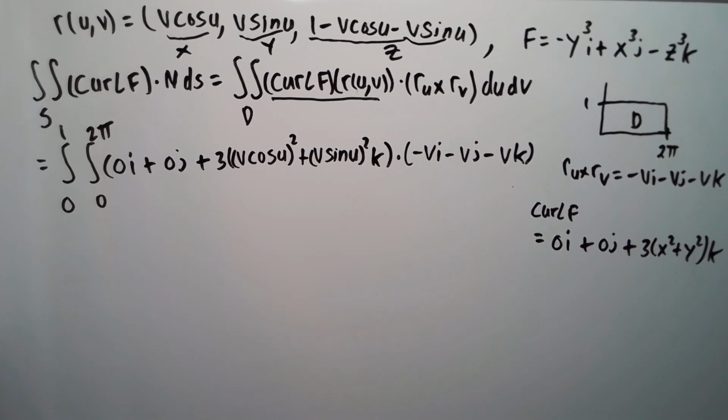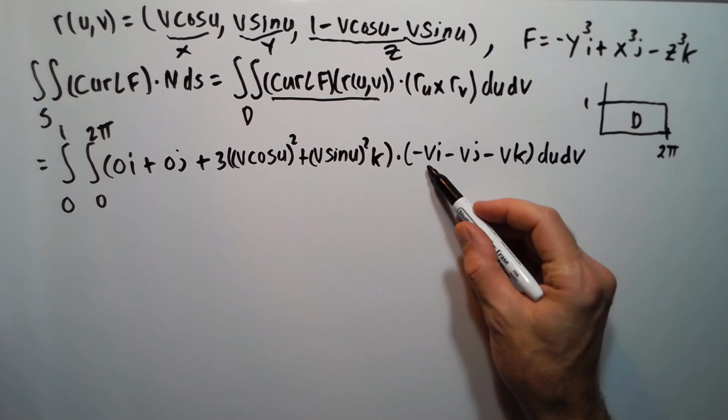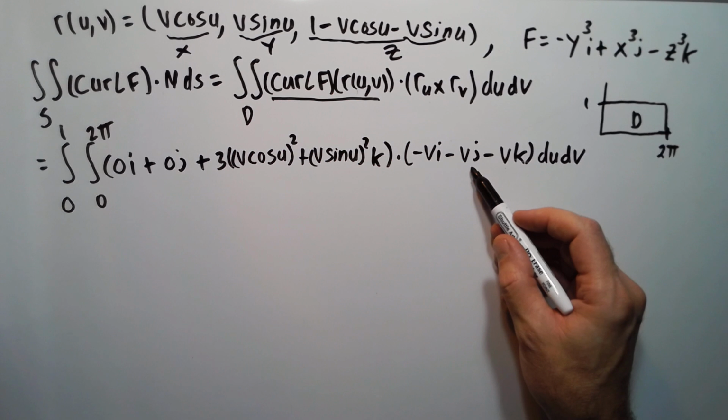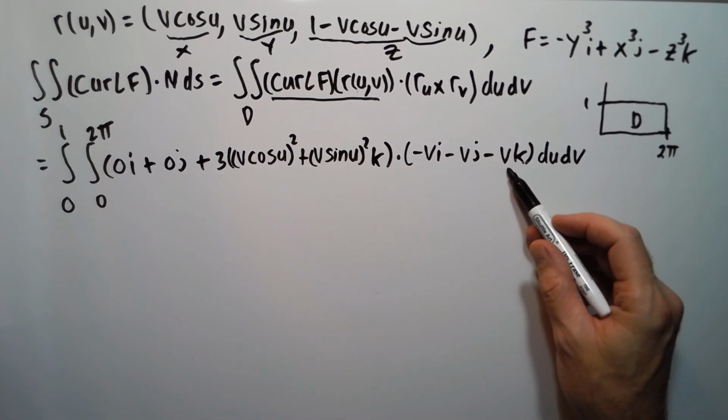Okay, so now let me erase my r_u cross r_v and my curl that are in my way. So let me just erase those for now. So look at this, I have my du dv at the end. So let's do this dot product now. I'm multiplying negative v times 0 to be 0, negative v j times 0 to be 0, and negative v times this guy.